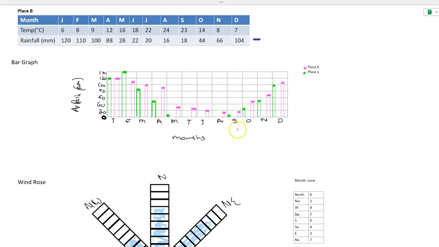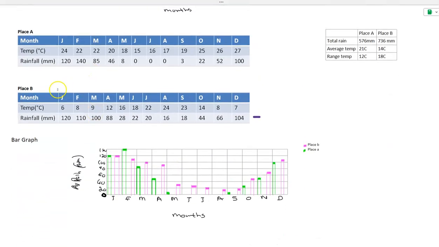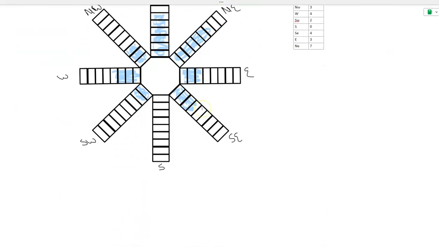So as you can see, when we are plotting things, it creates an easier way to read the data, because if you just look at the data, it doesn't make sense. But as soon as you plot it into the different graphs, that is where we get our information from.